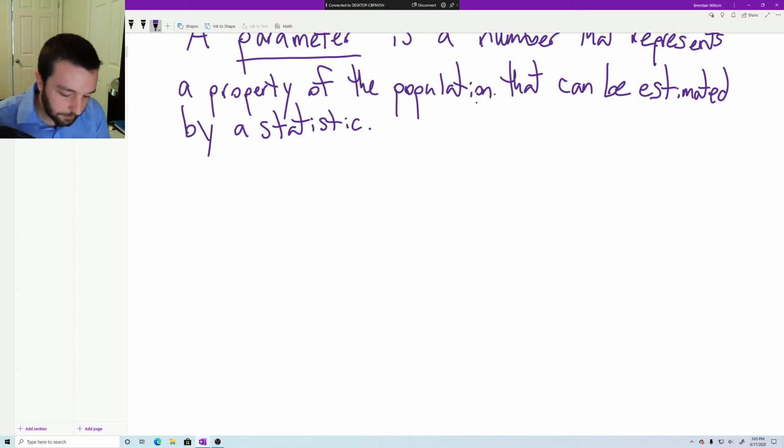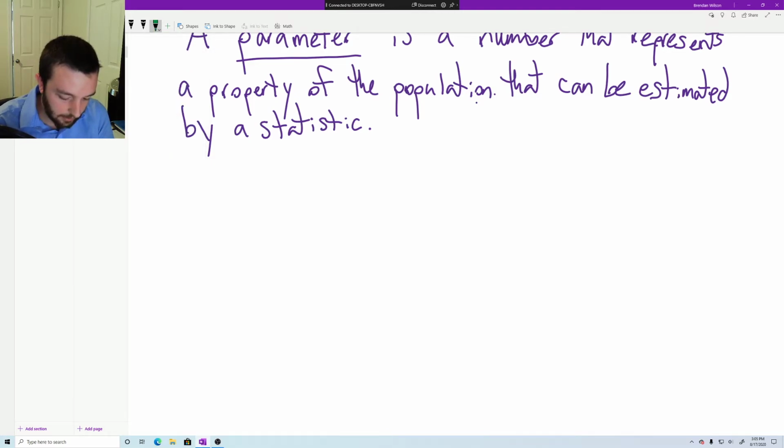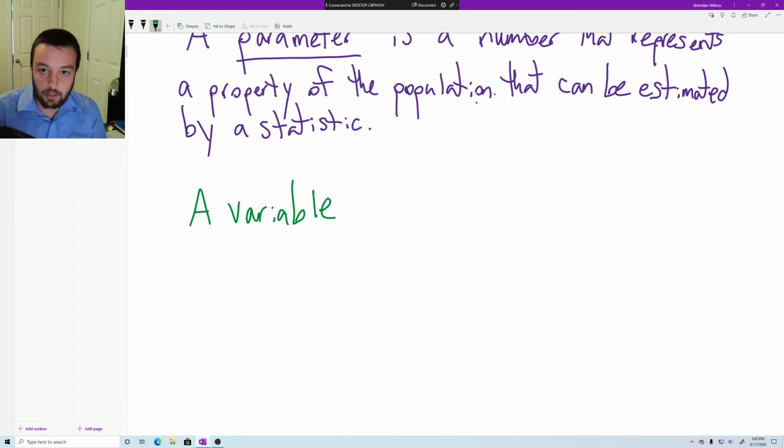All right. So next is one you've probably heard before in a related context, not this exact same context: a variable. We typically think of a variable as like x or y in algebra, right? Like x plus 3 equals 5, find x.